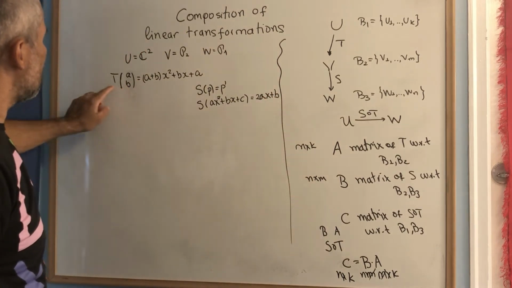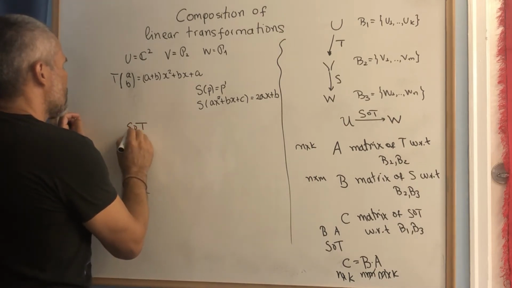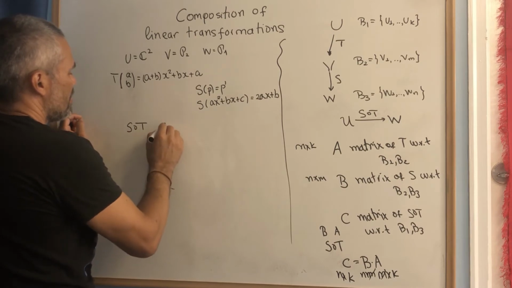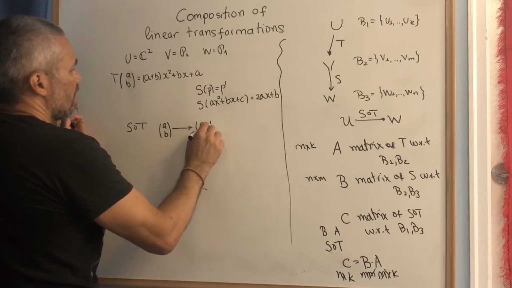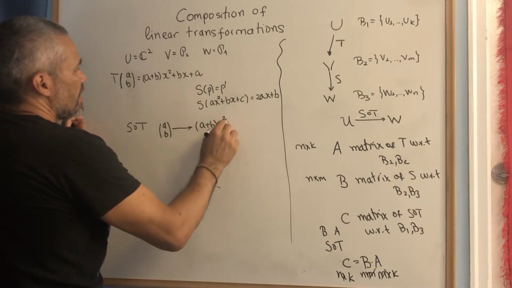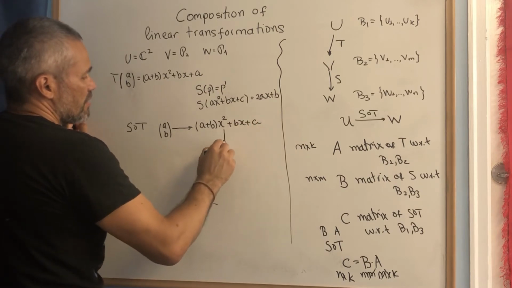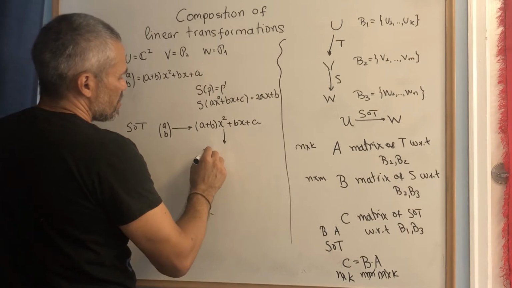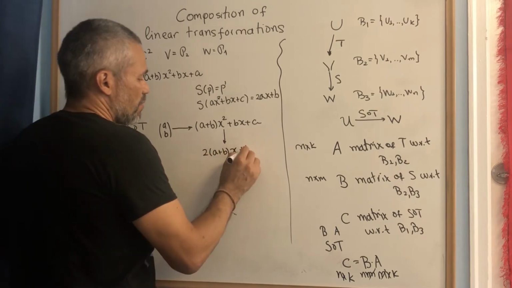Then in this case, the composition S composed with T will take a comma b into the polynomial (a plus b) x squared plus bx plus a, and then S will take this polynomial into the polynomial 2(a plus b) x plus b.